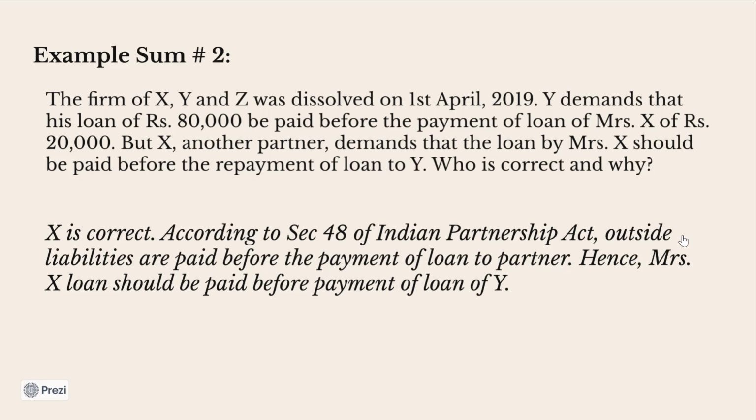So, in this example sum, X is correct. According to Section 48 of the Indian Partnership Act, outside liabilities are to be paid before payment of loan to partner. Hence, Mrs. X's loan should be paid before the payment of loan to partner Y.